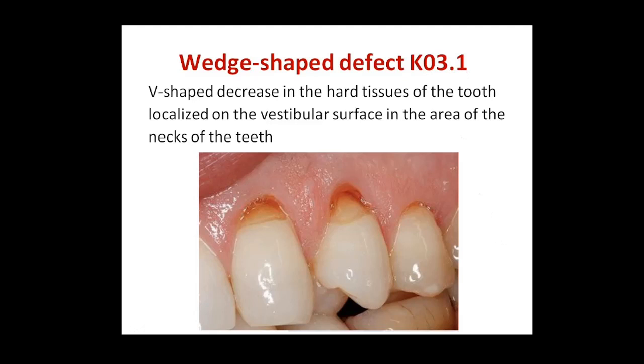During this disease, there is a V-shaped or wedge-shaped decrease in the hard tissue of the tooth localized on the vestibular surface in the area of the necks of teeth, in the cervical part of teeth.